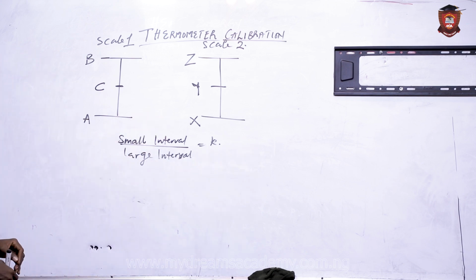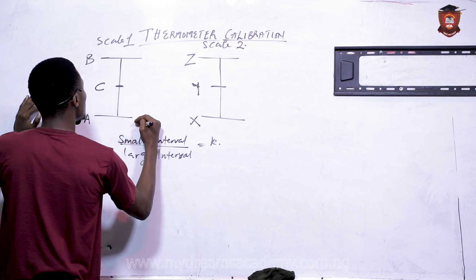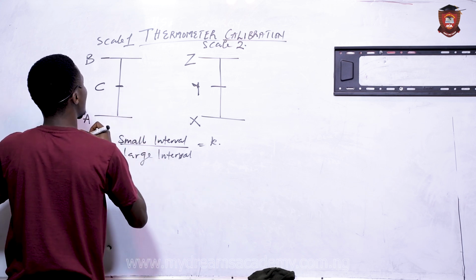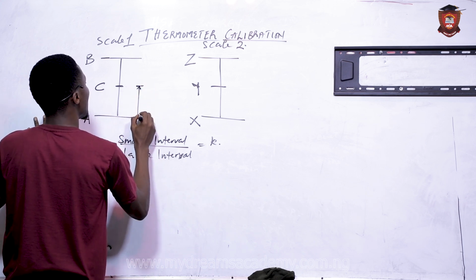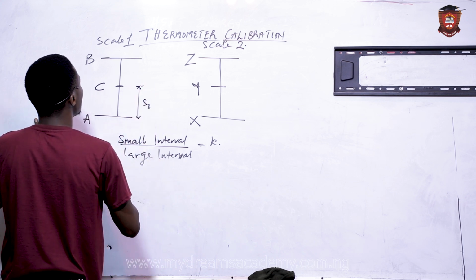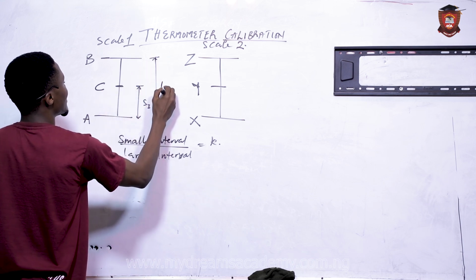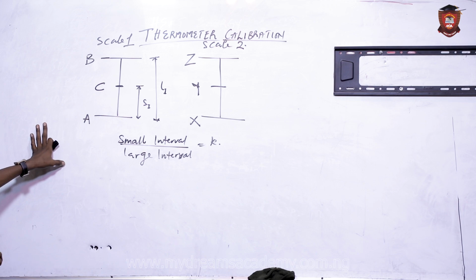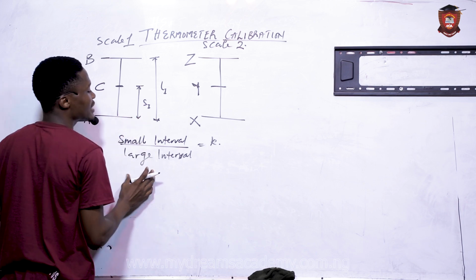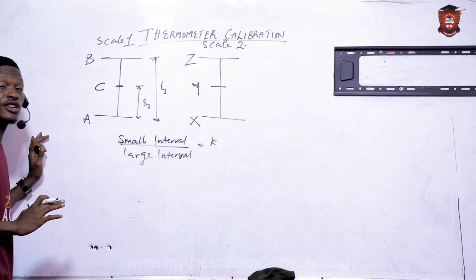Now what do I mean by small interval? Small interval is from middle to bottom. From here to here is the small interval. Then from here to here is the large interval. So small interval over large interval is a constant. It doesn't change.